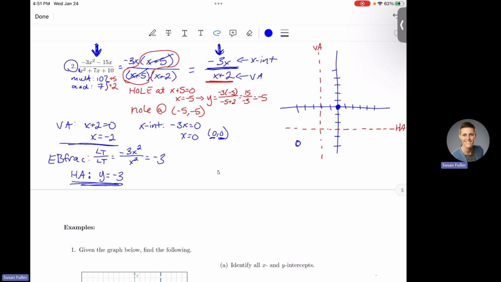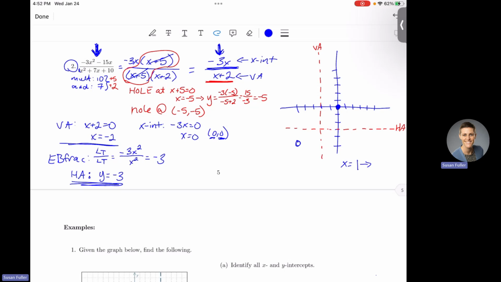Okay, so now to finish graphing this, we're going to need at least 2 points on either side of our vertical asymptote. Right now we have 1. So we just need to get another point on either side of our vertical asymptote. There's really nothing magical about the x values you pick, so you can really pick anything that you like. So over here on the right, I'm going to pick x equals 1.